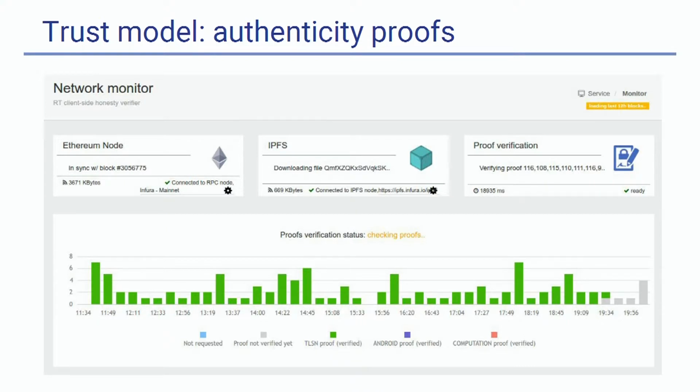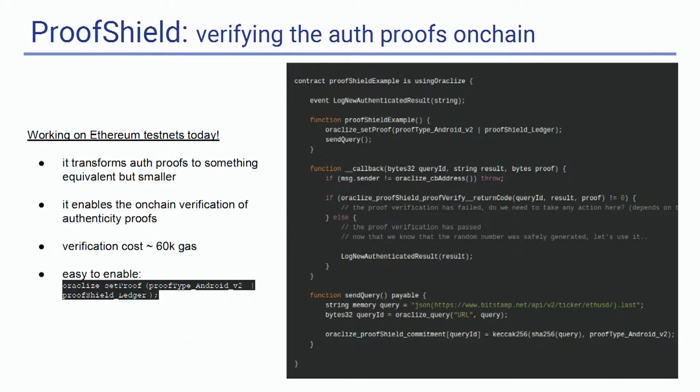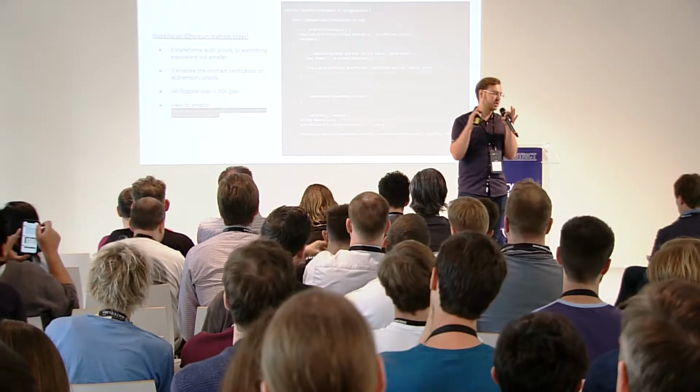What you get is those authenticity proofs, and the format is slightly different depending on the technology you use. We have unified the format with something called Proof Shield, which is a concept on which we have been working for the last 6 months approximately. This is basically a technique to leverage the same trust line with the same attestator to simplify the proof and make it much smaller.